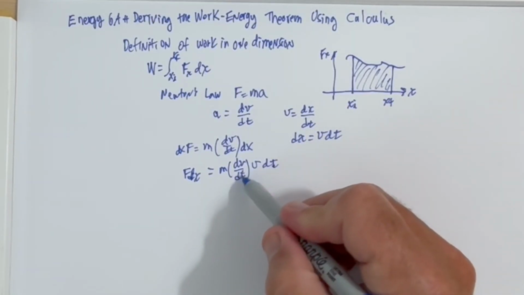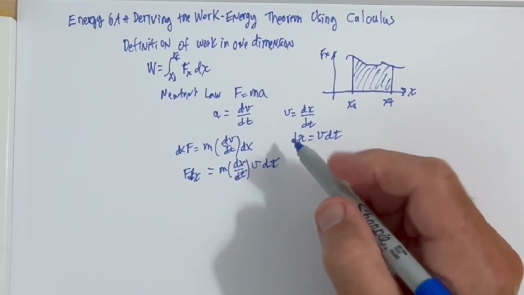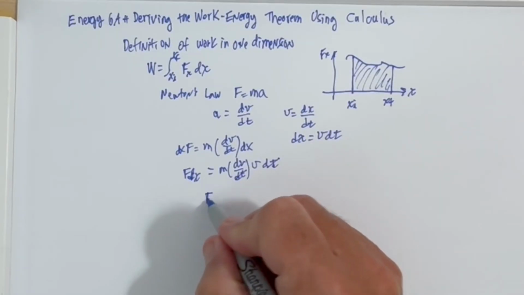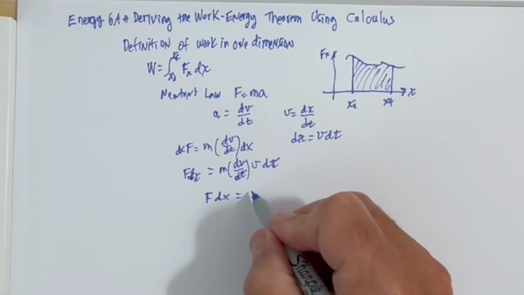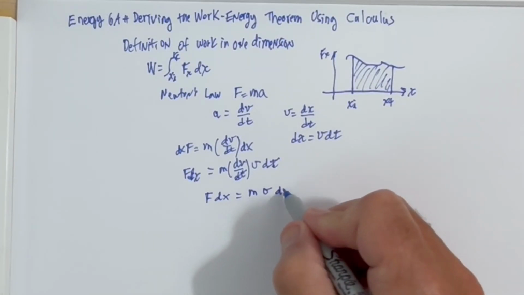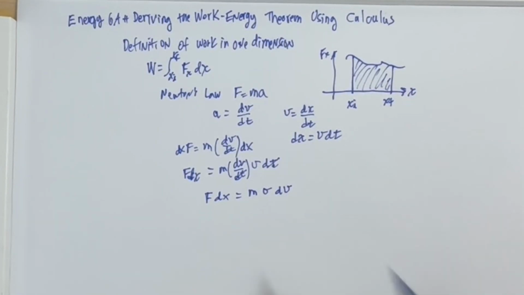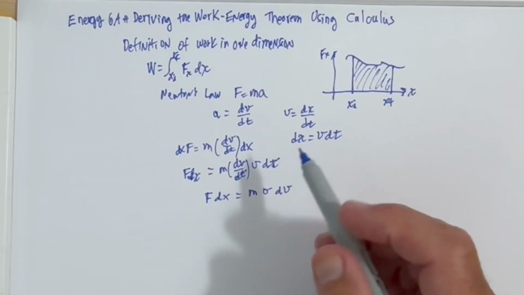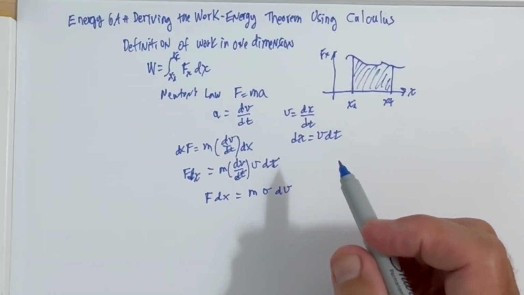Now, essentially our dt's are going to cancel out, so we can rewrite this, F dx is equal to m v dv. Just getting rid of the dt's and putting the m out front since it's a constant.